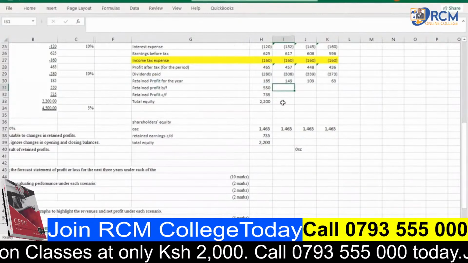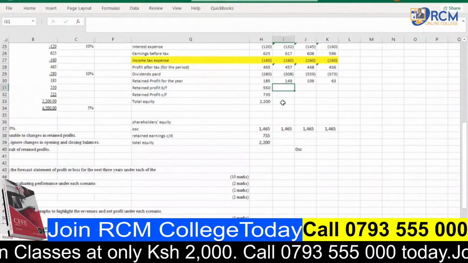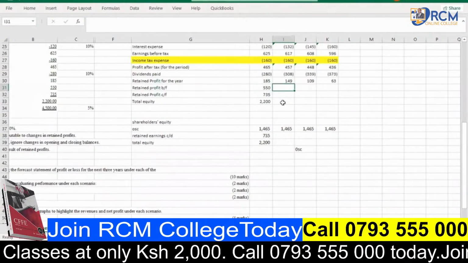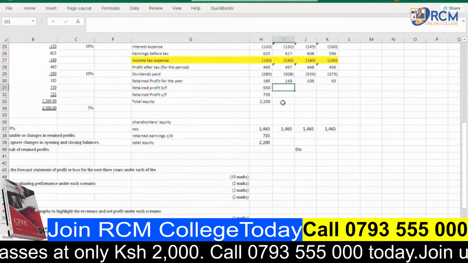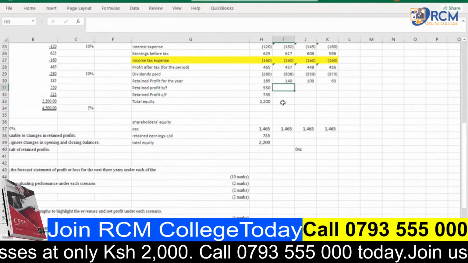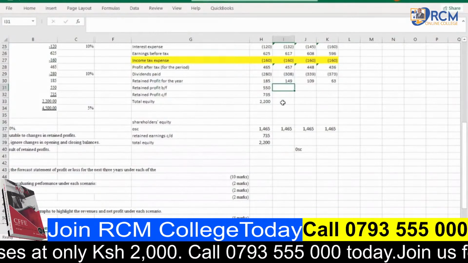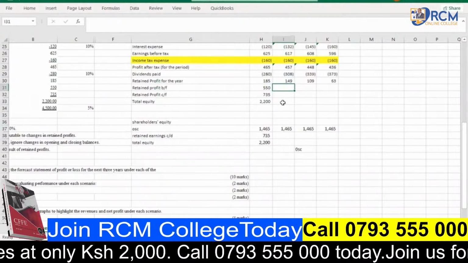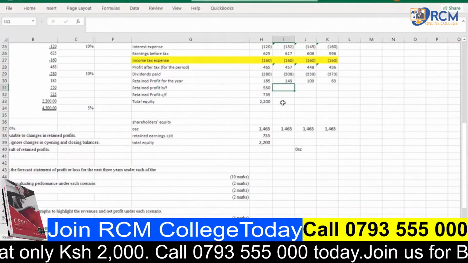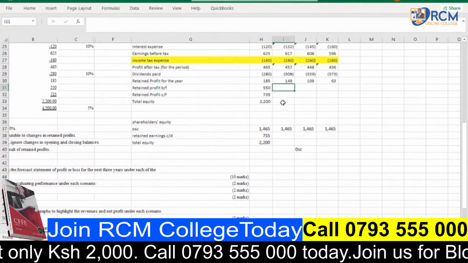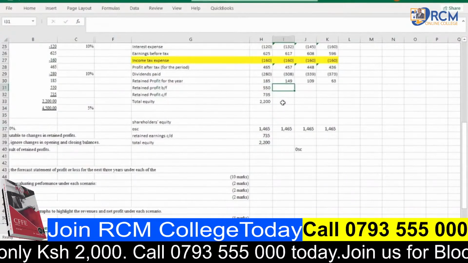Now someone give us that figure if you have understood. 884, no, you are lying to me. The one saying 884 is lying to me. No. You don't even need to calculate that one, just type that one. Mwende, you have lied to me, please.